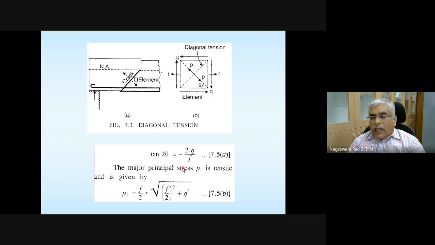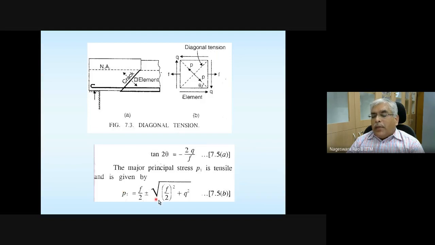Please note that on this plane, the diagonal, the major principal stress values are shown here. Once this principal stress exceeds the tensile strength of the material, a crack is going to be developed along this direction. So that is what is shown here.